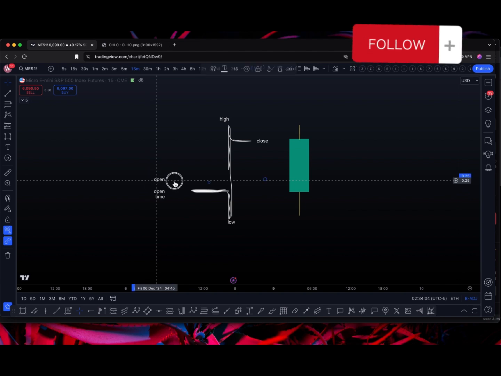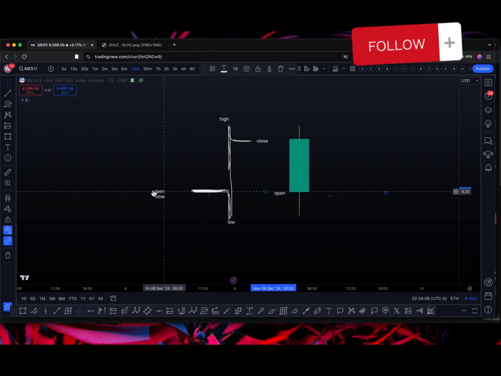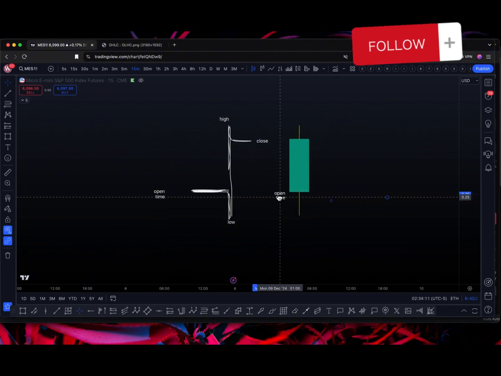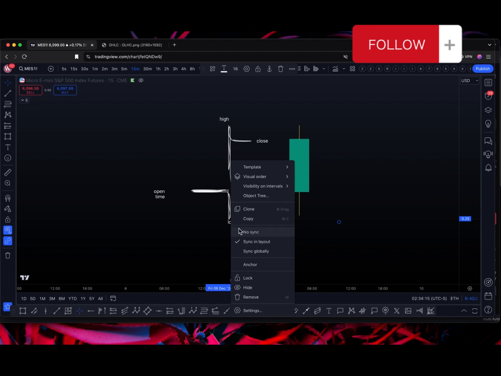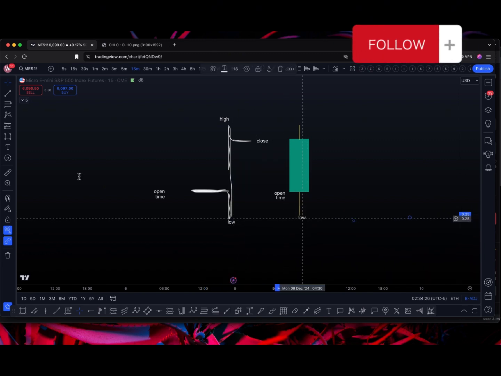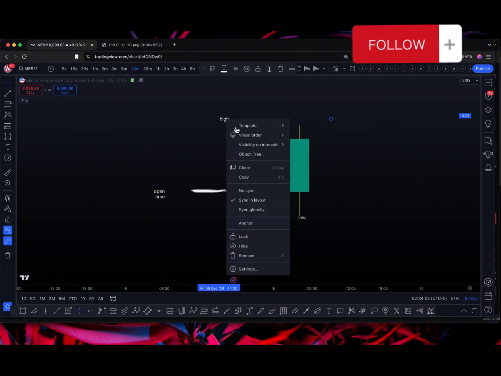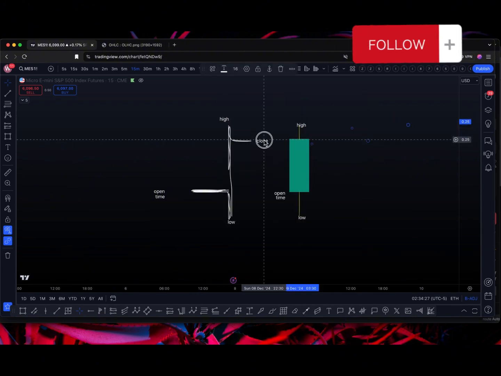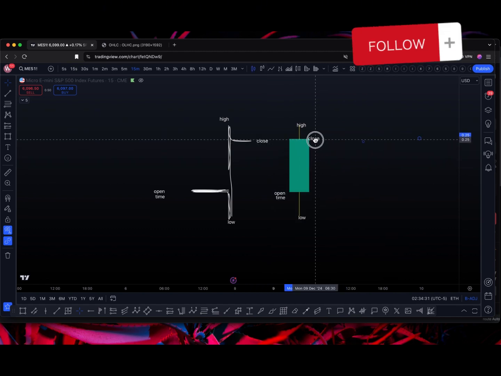Opens here, which is the opening time, it could be 1 hour, whatever time you're looking at. Then it will create a low, then go up, create the high. Then at the closing of that time, the last minute or the last seconds, you'll get the close. The close could be wherever, but this is just a visual example.